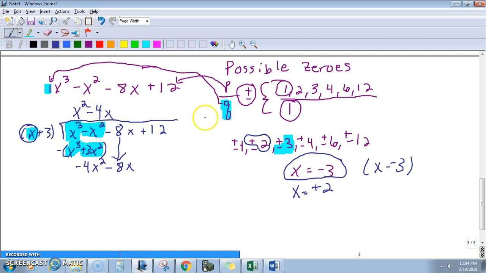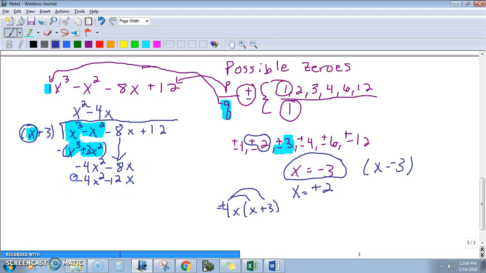okay? So what I really have, if you want to think about it this way, look down at the page, I really have negative 4x times x plus 3, right? If you took it outside of there. So negative 4x times x is negative 4x squared, which is what I was looking for. And then negative 4x times 3, I'm sorry, is negative 12x.